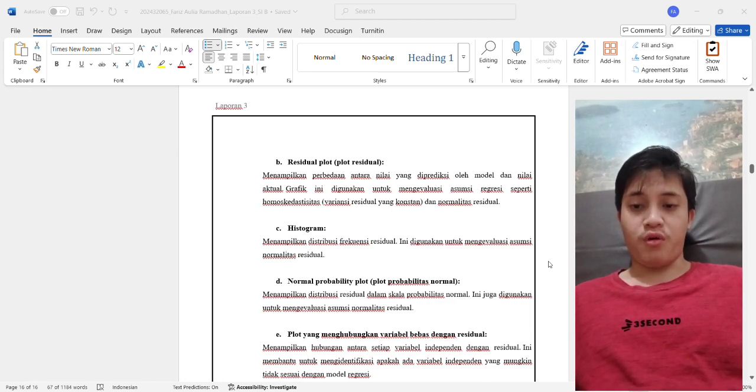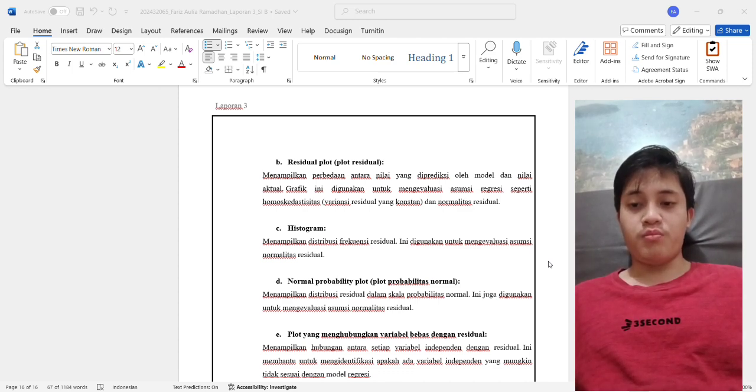B. Residual plot displays the difference between the values predicted by the model and the actual values. C. Histogram displays the frequency distribution of residuals. This is used to evaluate the assumption of residual normality.